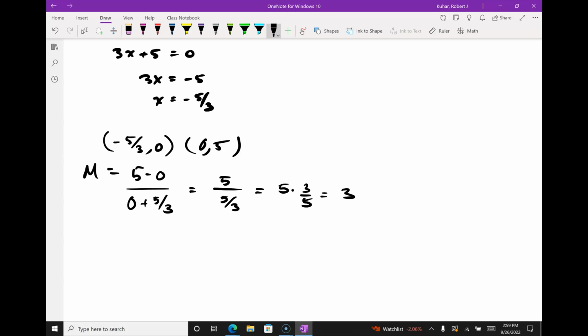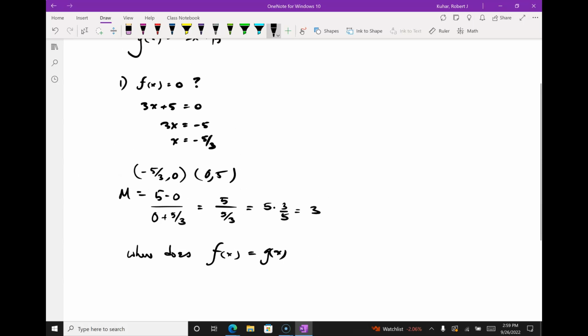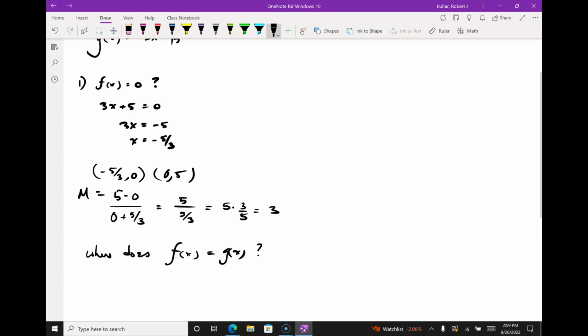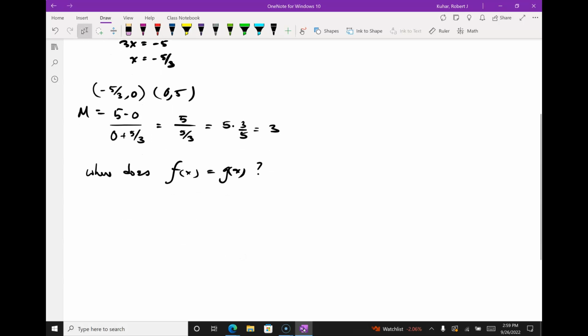It says, when does f of x equal g of x? Well, it's simple, right? Just set the two equations equal to each other. The first equation is 3x plus 5.